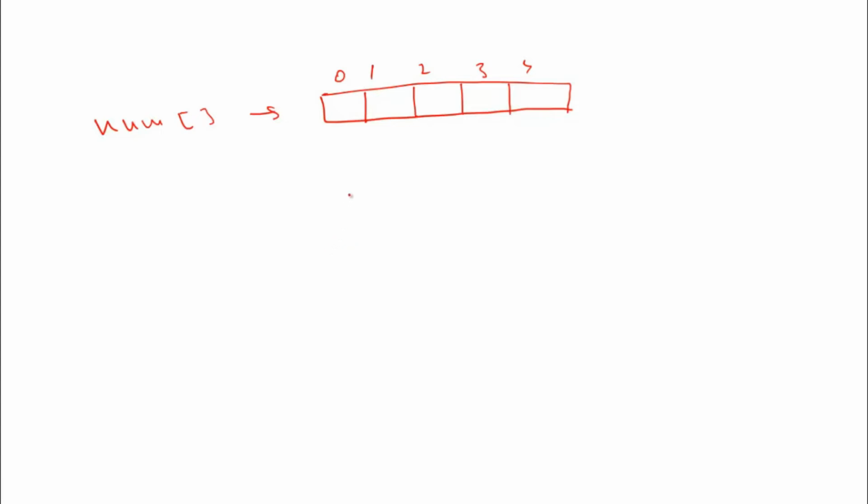Now I want to put some values here with the scanner. First I need the 0 position, so num of 0 equals sc.nextInt, and it will input the value at the 0 position.